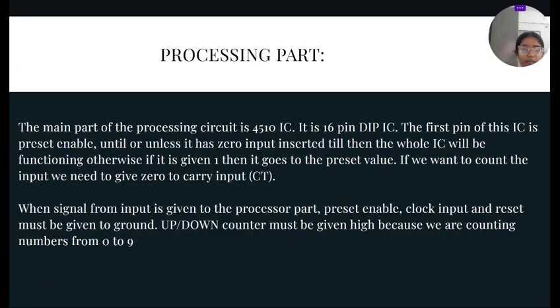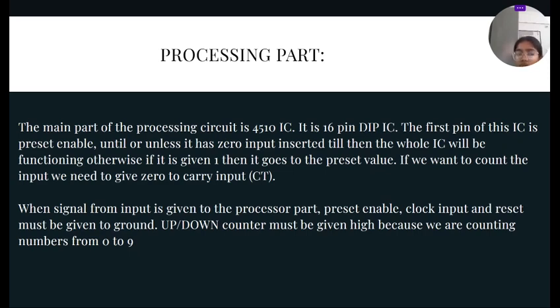Second is the processing part. The main part of processing is the 4510 IC. The first pin of this IC is preset enable. As long as it has a 0 input, the whole IC will be functioning. Otherwise, if it is given 1, then it goes to the preset value.